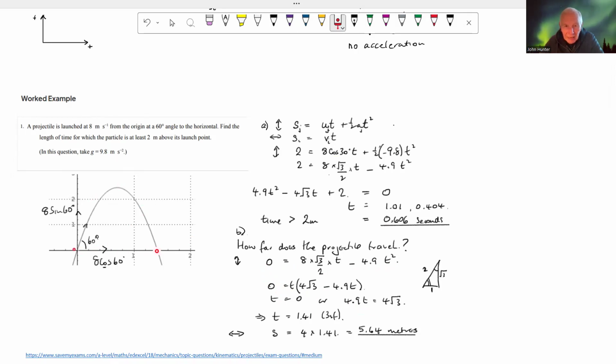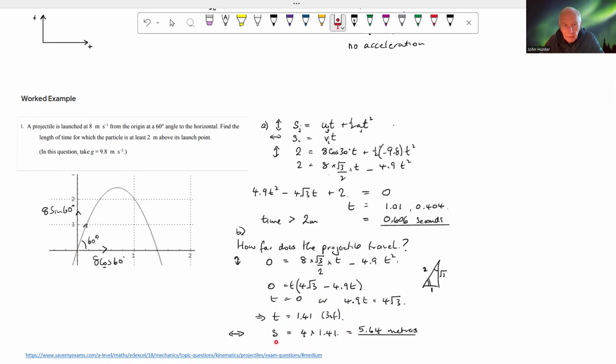So between here and here, the displacement is equal to zero. That's why we can form that equation, which becomes that equation. When we solve for that, one solution is t equals zero, and the other one is when 4 root 3 equals 4.9t, which is going to give us that. So the time of travel is 1.41 seconds for it to go from there to there.